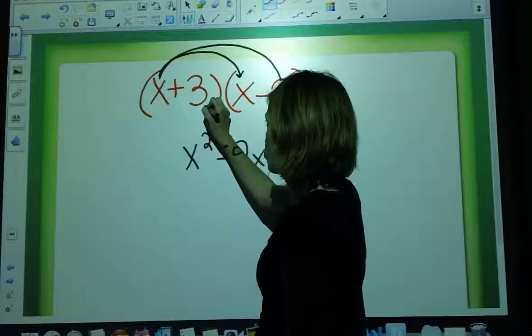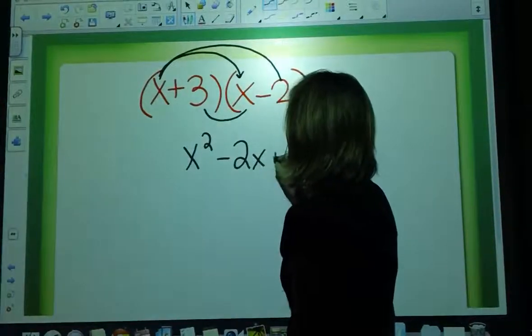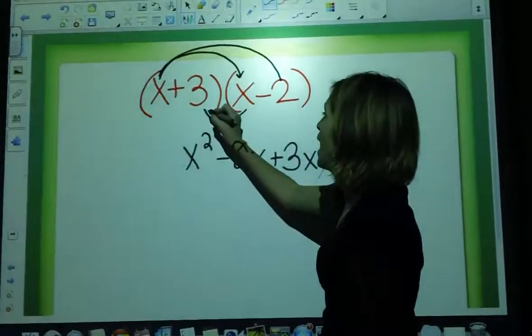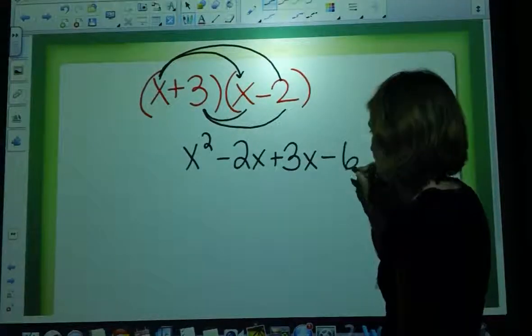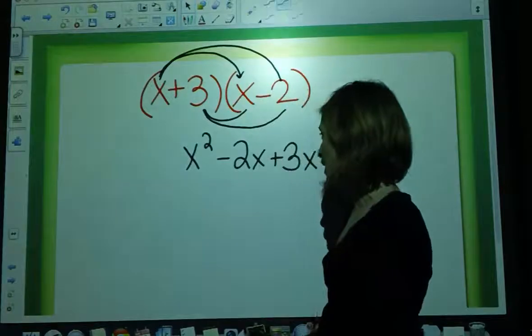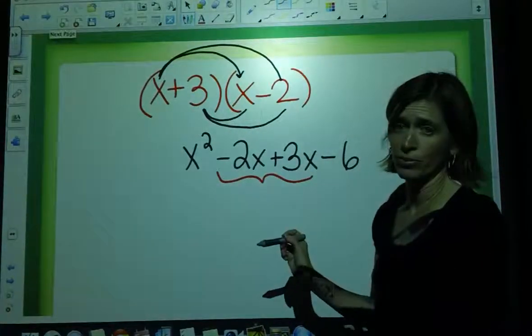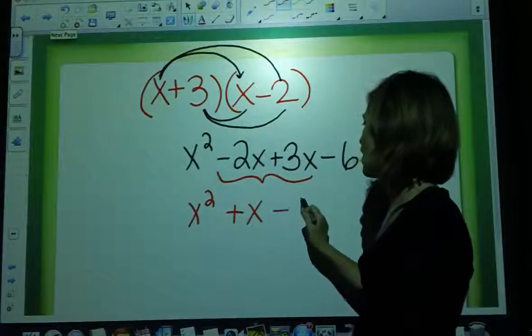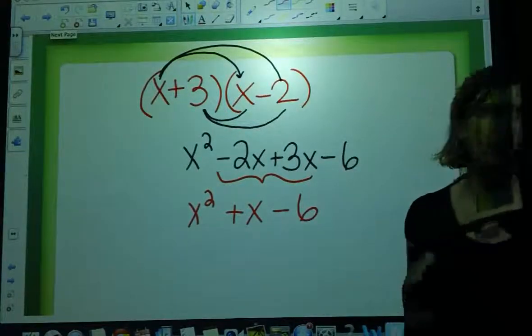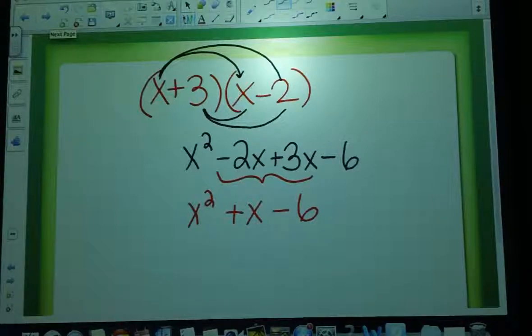The inner terms, 3 times x is going to give me positive 3x. And the last terms, 3 times negative 2 is going to give me negative 6. Then we're going to combine the like terms. So you get x squared plus x minus 6. Okay, I'm going to give you a second to write that down. I'm just checking the time on me, because as I promised, I'm trying to be under 15.